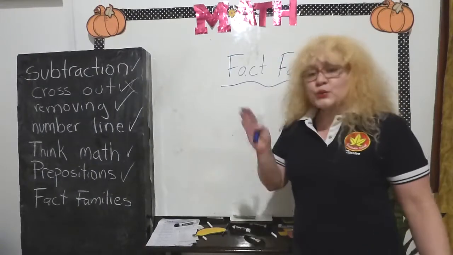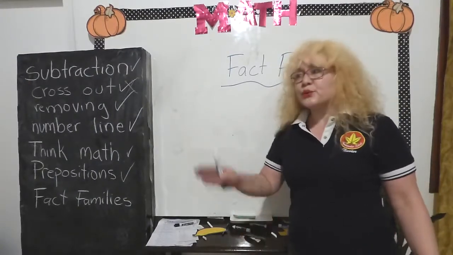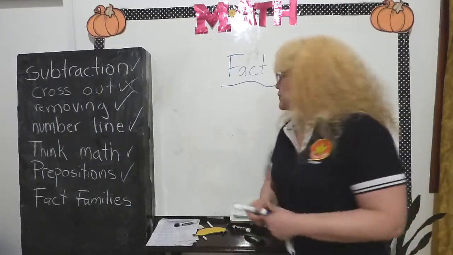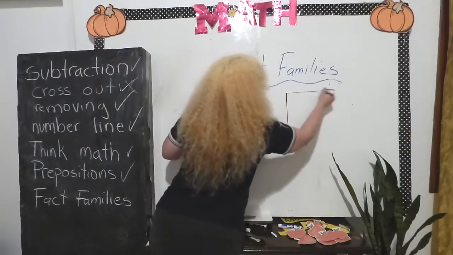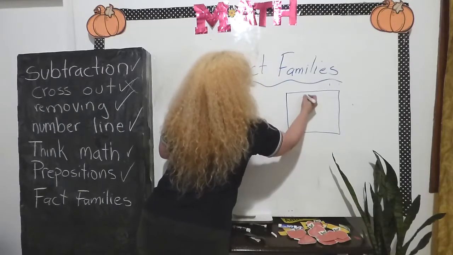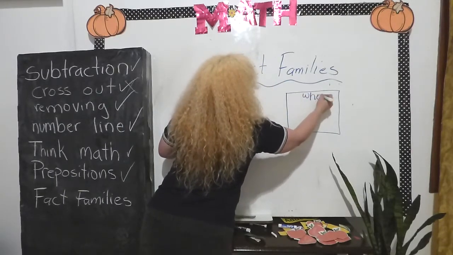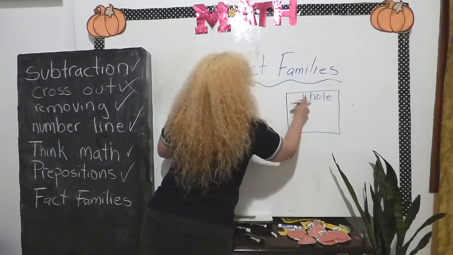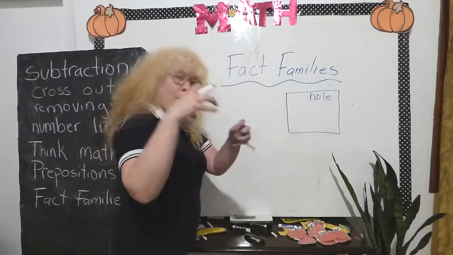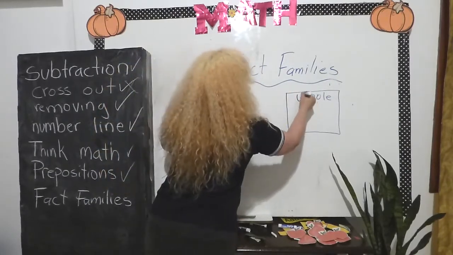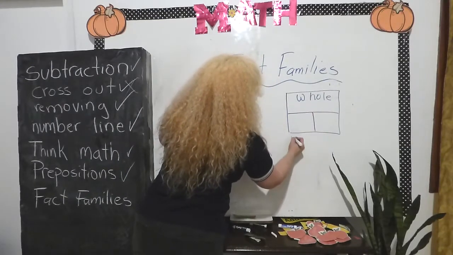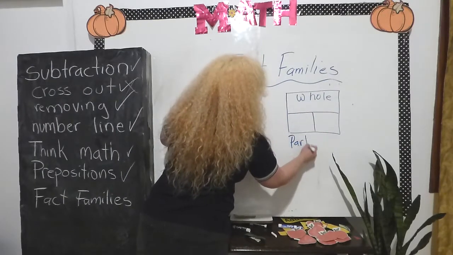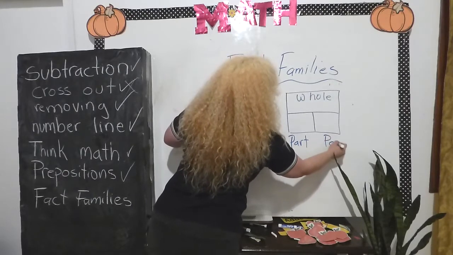Okay, let's work with another exercise and with other numbers. First thing I'm going to do is remember, there's a complete whole and then two parts, part and part.